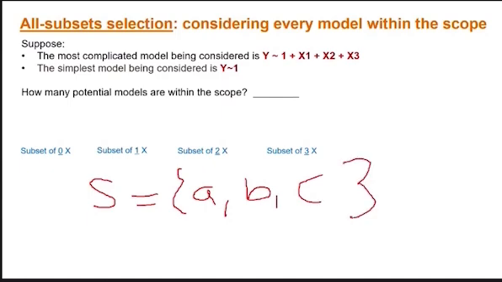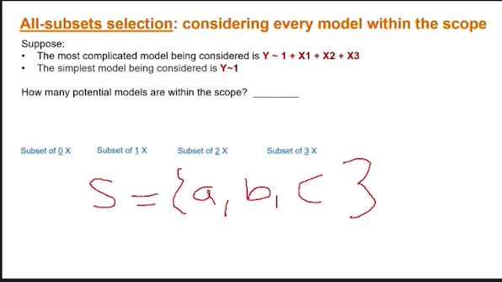If I have a set with three elements, A, B, C, and I want to figure out the possible number of subsets that I can have in this set.